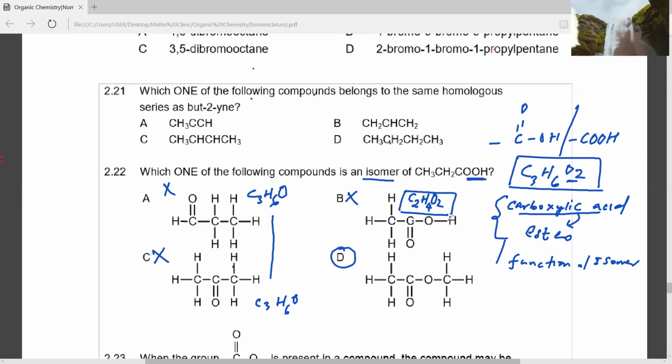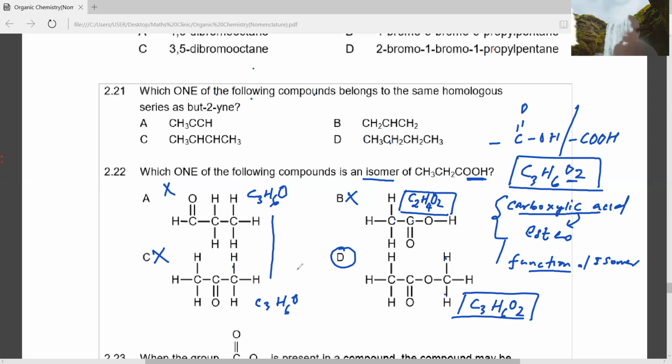So it has to be an ester. And besides, you see, this is an ester because carbon is attached to oxygen with carbon. Let's count the number of carbons. 1, 2, 3. That's 3. Hydrogen is 1, 2, 3, 4, 5, 6. It's 6 with how many oxygen? 2 atoms of oxygen. So you see that they have the same molecular formula, but different structure, different functional isomer.